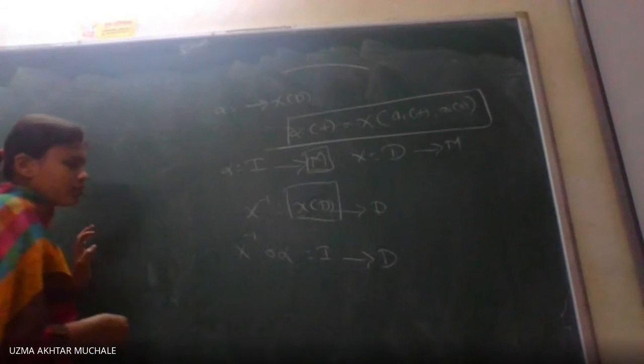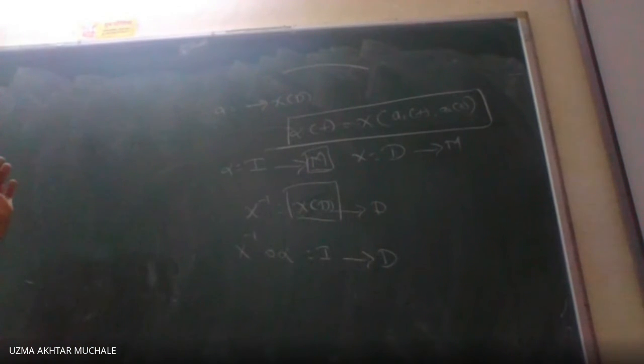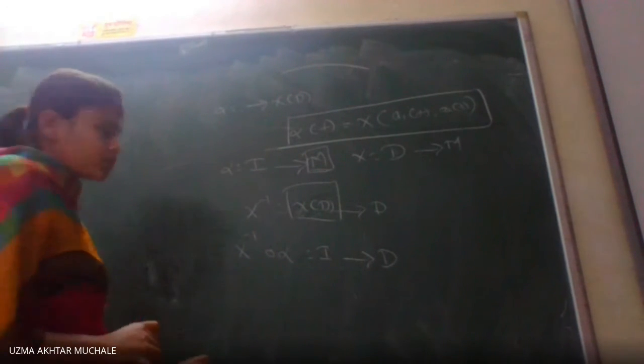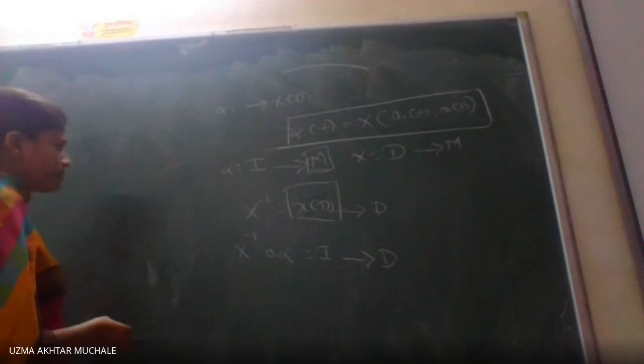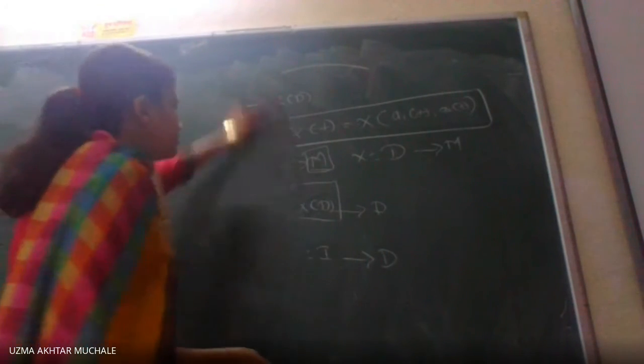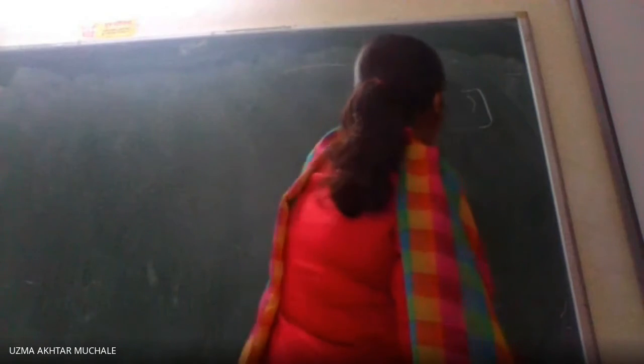Now we have to find out what the condition on x inverse of alpha of t will be. Let me draw the image for what we have found. What is given to us?